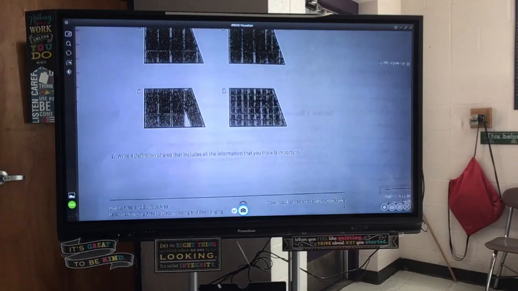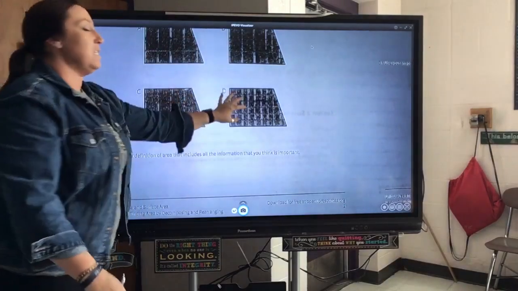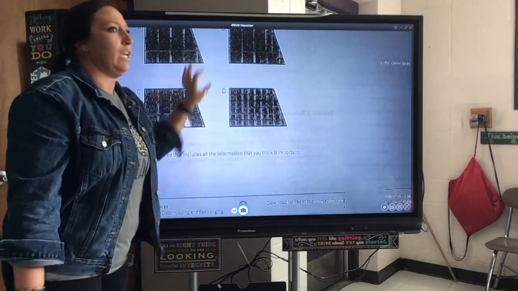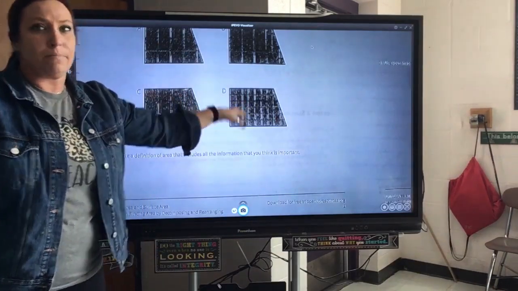So right now, we know area as inside of a 2D shape, right? So now, after picking A, B, C, D, you're going to add some information to your definition. Because you should learn that it's more than just inside the 2D shape. Does that make sense? Based off of why you're not picking A or B or C or D.